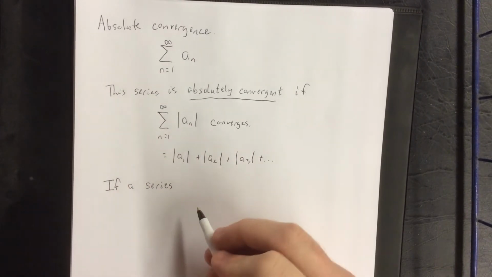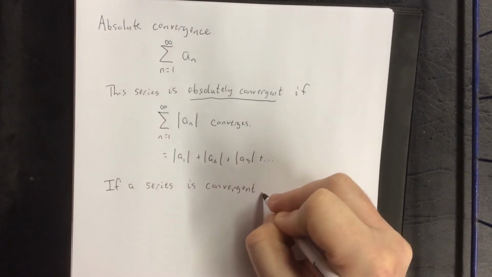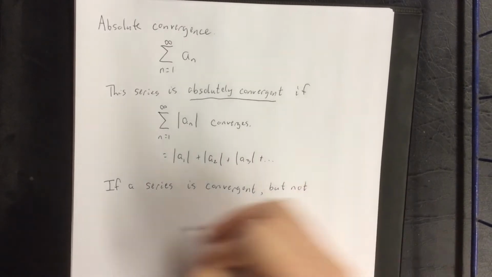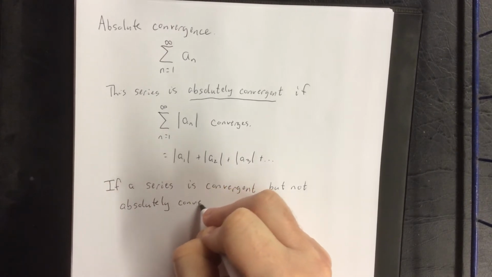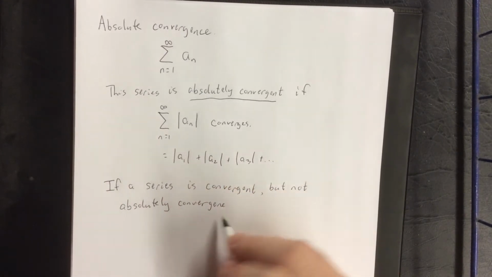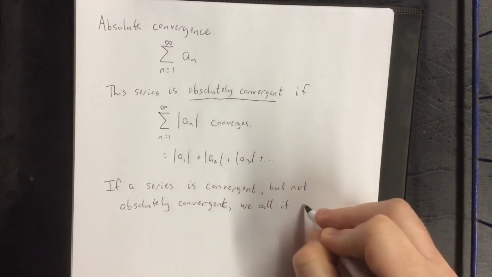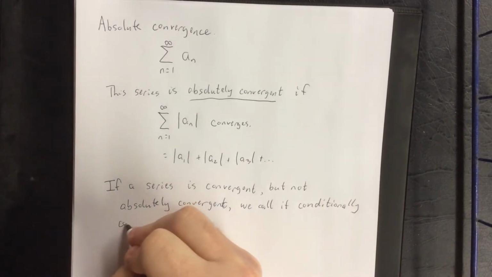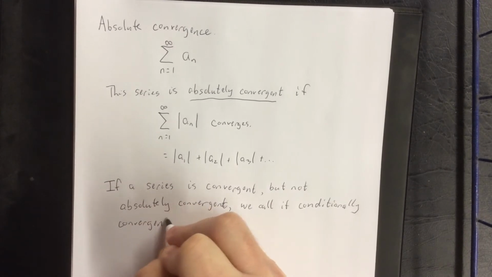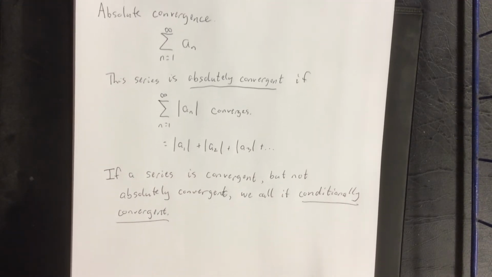So in the event that you have a series, if a series is convergent, but not absolutely convergent, we call it conditionally convergent. If a series is convergent, but not absolutely convergent, we refer to it as conditionally convergent.